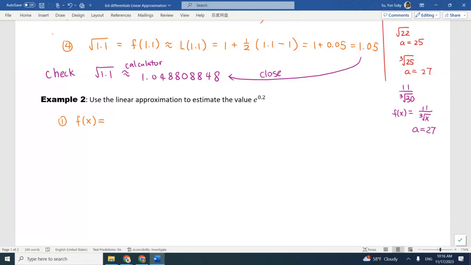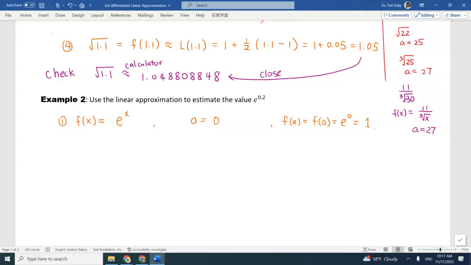Very good. So it's e to the x. And what is a? Exactly. Okay, everybody? The good number is 0. And you know what is f of a? f of 0 is e to the 0, which is 1. See? So 0 is really a good number. We know what is f of 0.